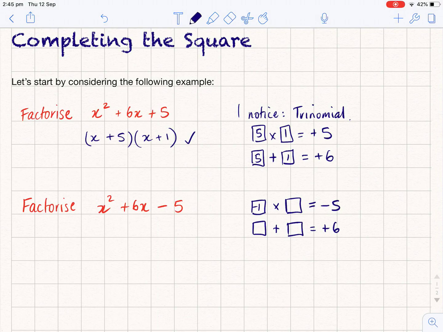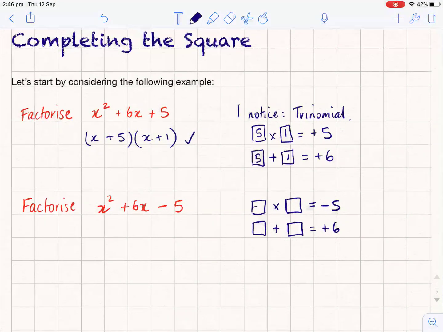Well, if I try negative 1 and positive 5, negative 1 plus positive 5, it doesn't equal positive 6, it equals positive 4. So that's not going to work for me.